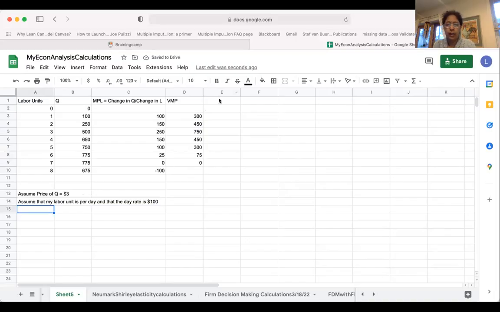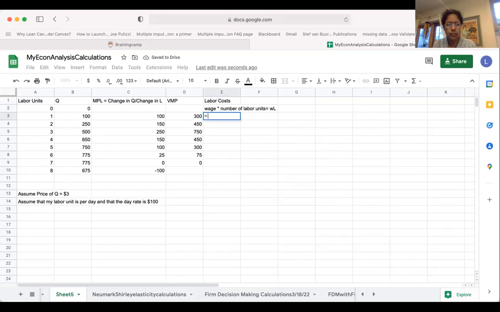So what's my labor cost? It's going to be equal to the wage rate times the number of labor units. W times L. Okay.